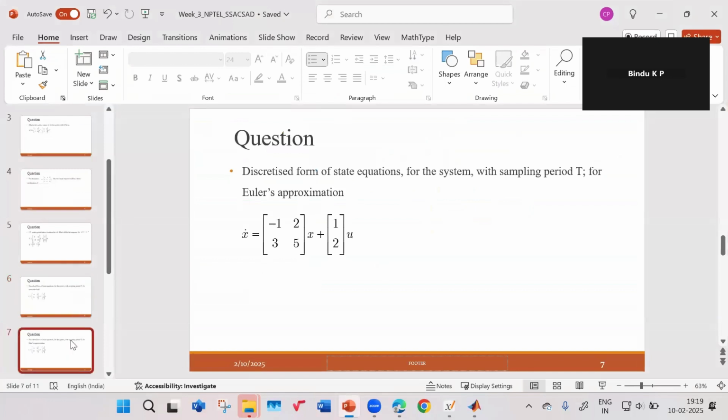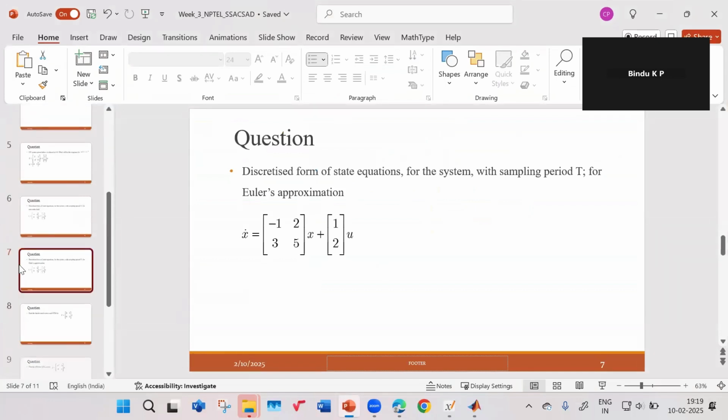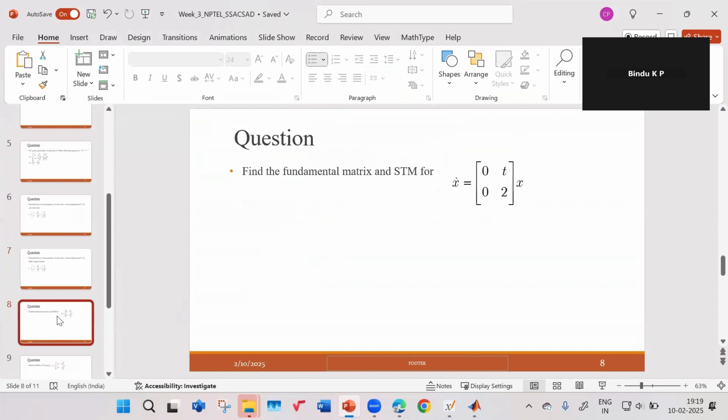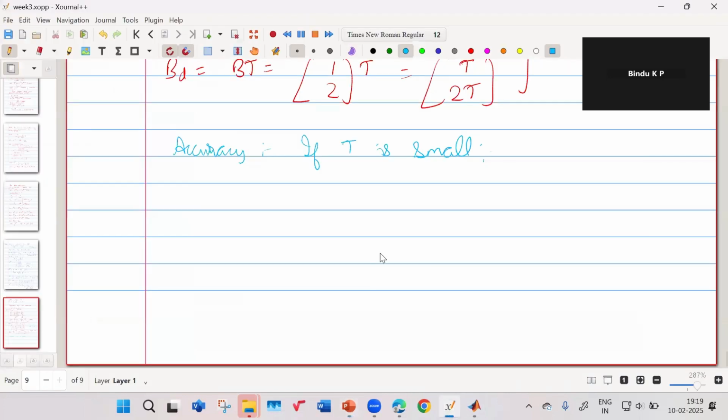Okay, so this is one thing. The next, so this is for Euler's approximation. And let us consider this difficult, challenging thing. We want to find the fundamental matrix and the state transition matrix for this system. Now we are going into the domain of linear time varying systems.